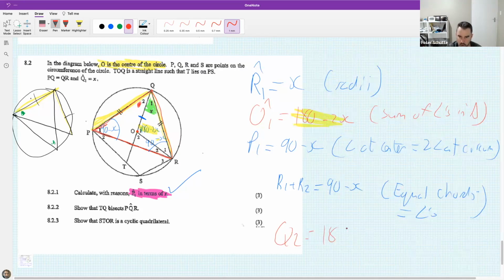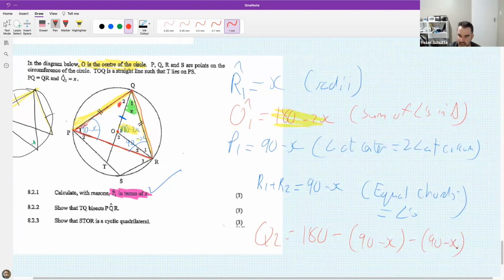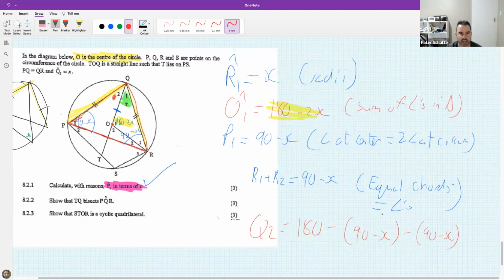I was thinking we go 180 minus 90 minus x minus 90 minus x, and then minus x, and see what's left over. Because isn't that a triangle, like the three angles of a triangle?